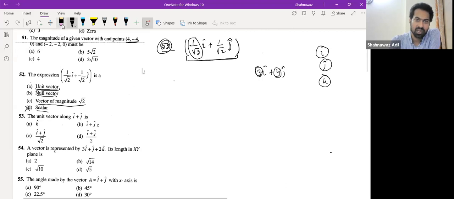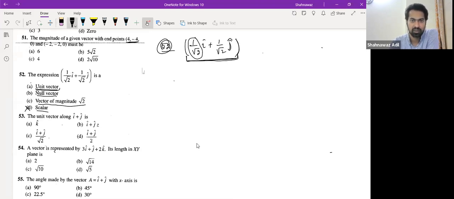Okay. So is this a null vector? What is a null vector, Siddhika? A null vector is one whose magnitude is 0, and it doesn't have any direction.